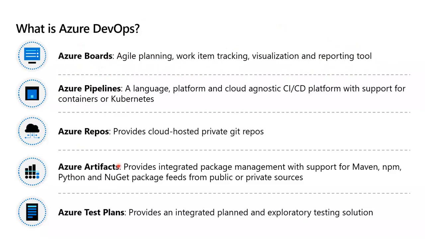So normally, let's say that you create your custom library and you don't want to expose it, you don't want to make it public, or you are just working with an internal library that can be consumed by just the members of your team. In that case, Azure Artifacts is a service that allows me to centralize these libraries in order to share them just with the people that I mentioned.